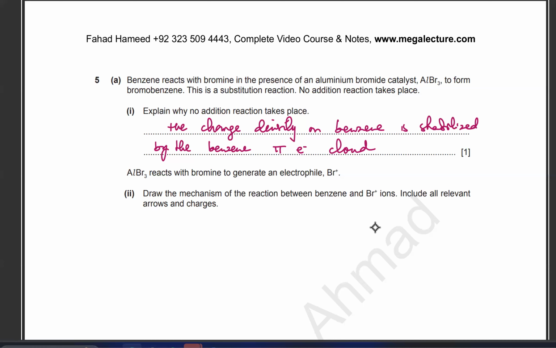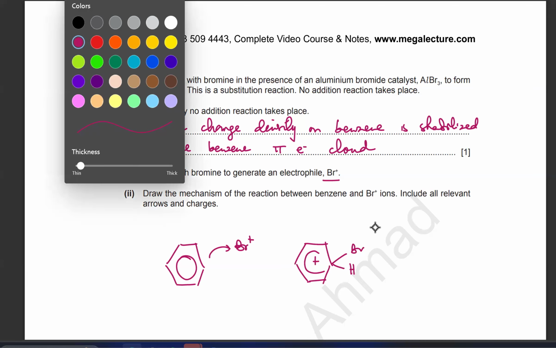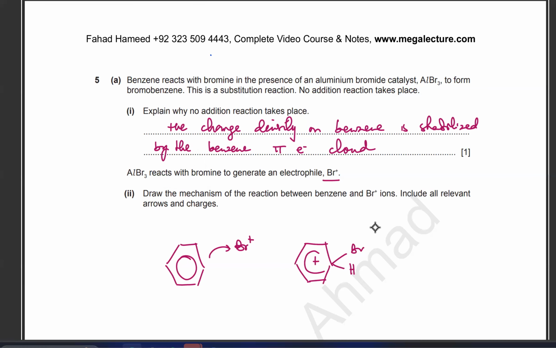Yes, sir. And the rest is the same, that he's asking that Br plus one electrophile is produced, so draw the mechanism. So you're just going to draw the same thing, which is that there's a Br plus one coming in. Electrons get attracted to it. One of the carbon atoms bonds with Br. It had an H as well. The benzene is electron deficient now.